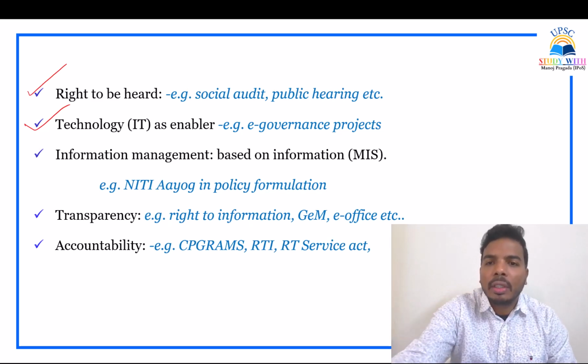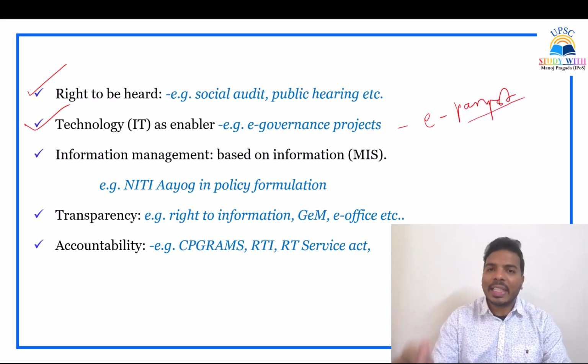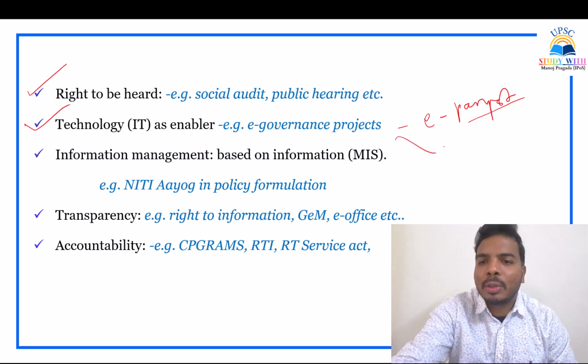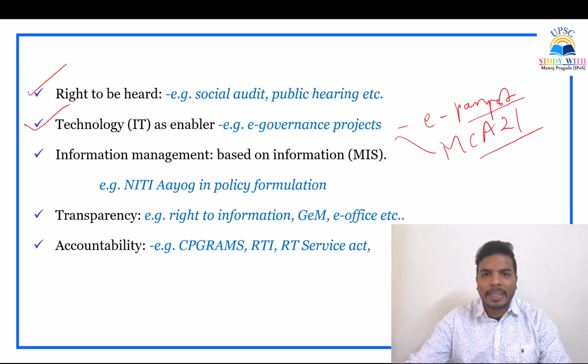For example, e-passport: you can apply for a passport online, as well as check the status of your application. Similarly, you know the portal of MCA 21, run by the Ministry of Corporate Affairs, where you can see your company registrations, where your file is pending and at what level it is pending.